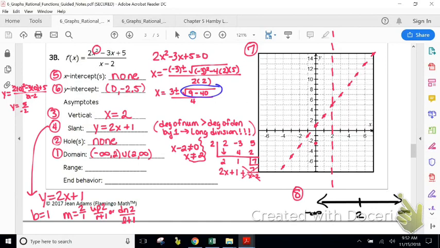All right, so I need a number between negative infinity and 2. 0. And we already did 0, and we got negative 2.5, right? So let's look at that. Now, as I go to the left, coming out of that negative 2.5, that slant asymptote is going to shape it.